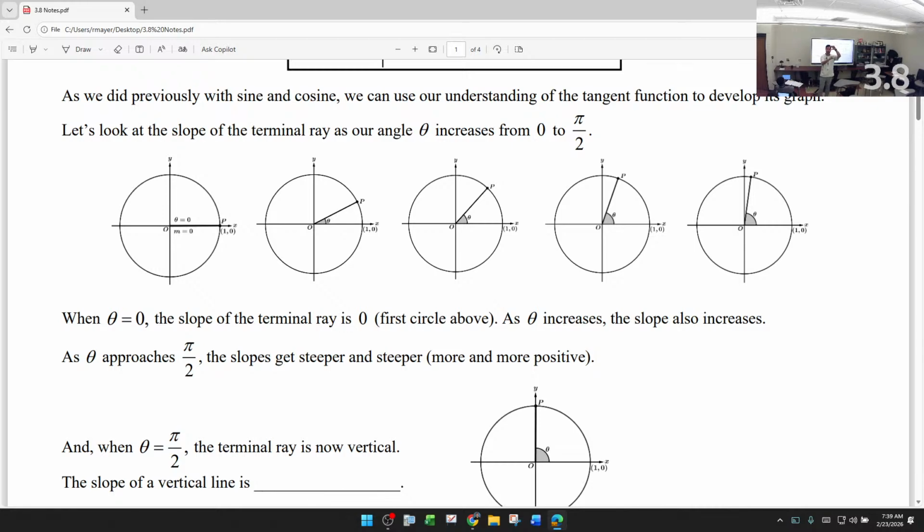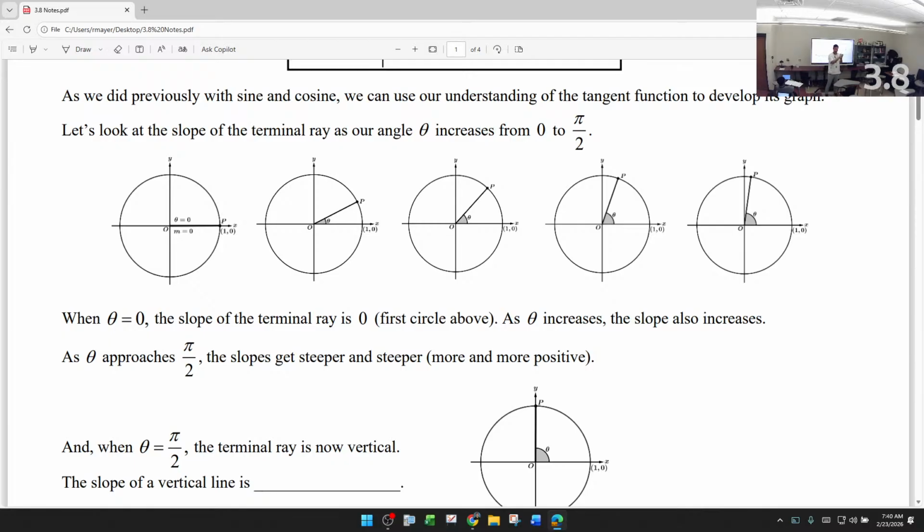And 0 over anything is 0. So tangent of 0 is 0. Tangent starts at 0, and then when we get to pi over 4, we're at 1.